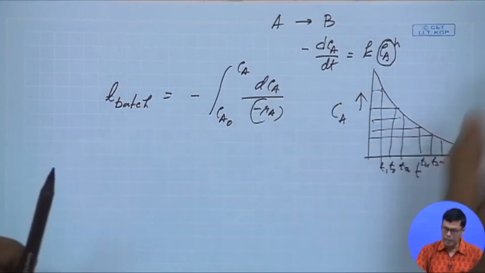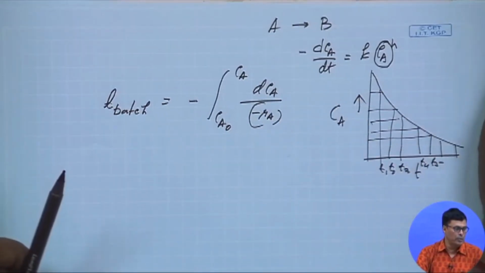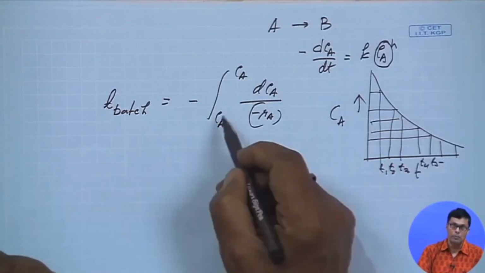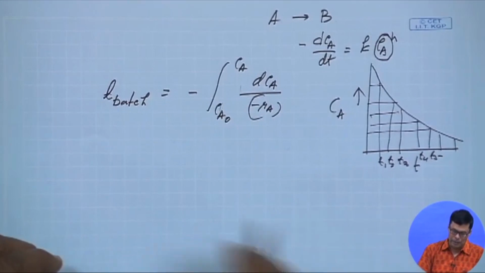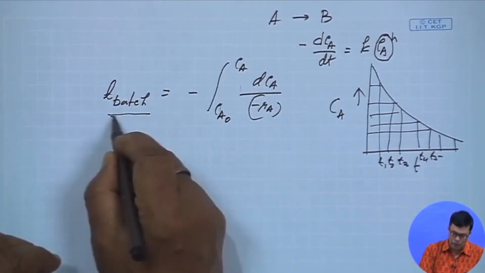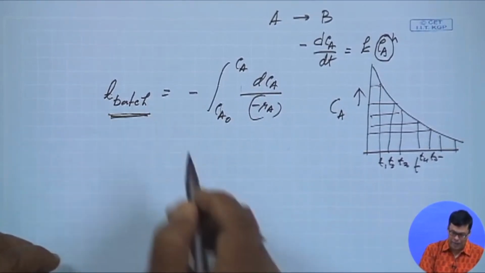So that is why we have the integration sign here. The question then comes: how can we find out the time of the batch process?